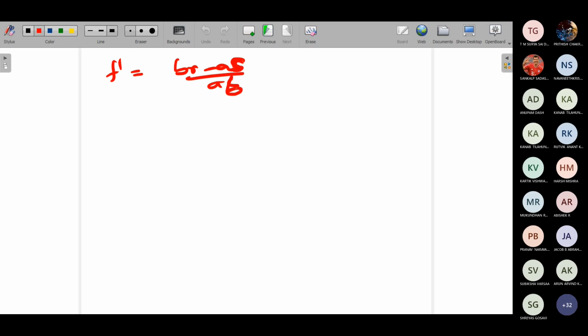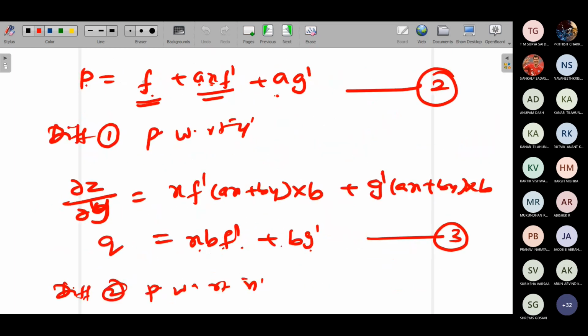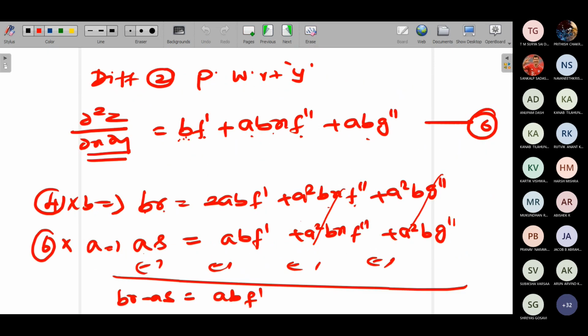From where will I get f dash? In the differential equation when you first partially differentiated, there you can substitute a value. First one I have f dash and g dash. But again I'll complicate it. What's the use? I should see any other thing.